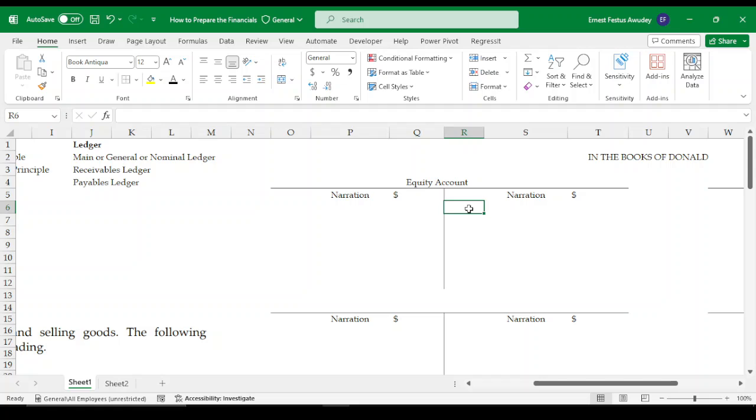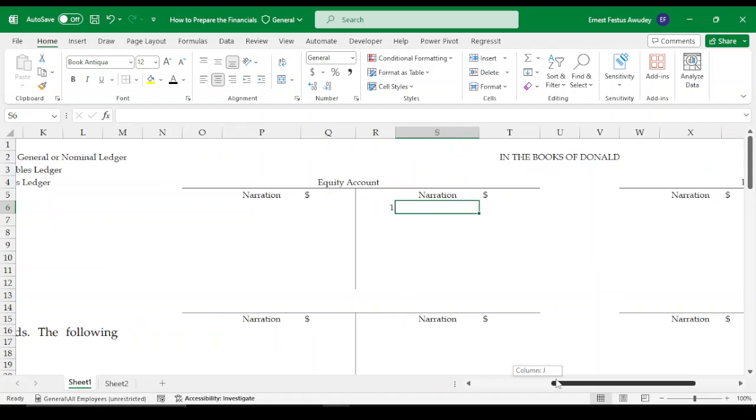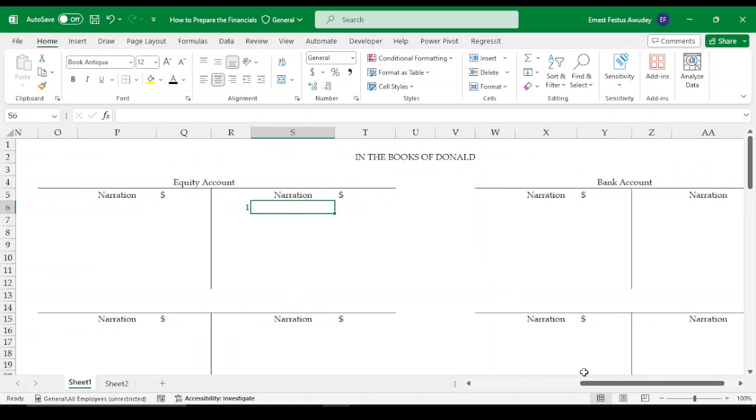So quickly, I'll come here and have my transaction number 1 there, and the narration here is going to contain the account that has the corresponding entry. That is the double entry principle. For every transaction, there is a debit entry and a corresponding credit entry.